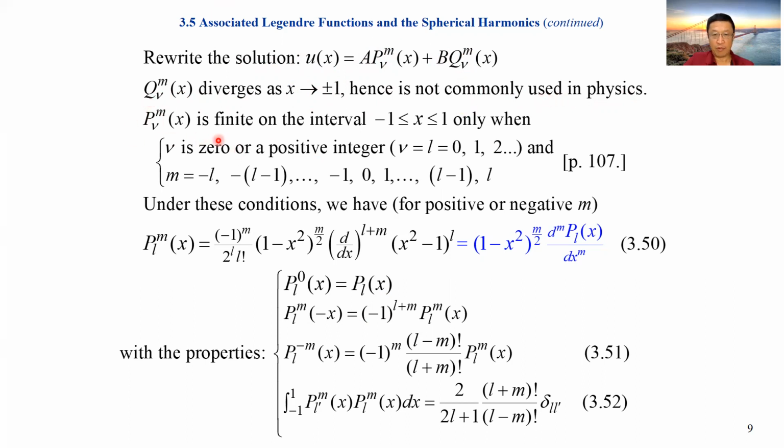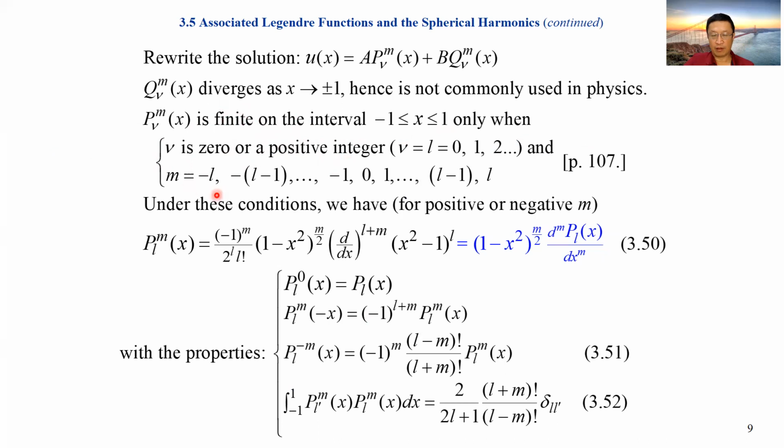And P_L^μ is finite on the interval. Once again, not just in the interval, every point is finite, so we use it on the interval. If we just select one or a few points, that's in the interval.